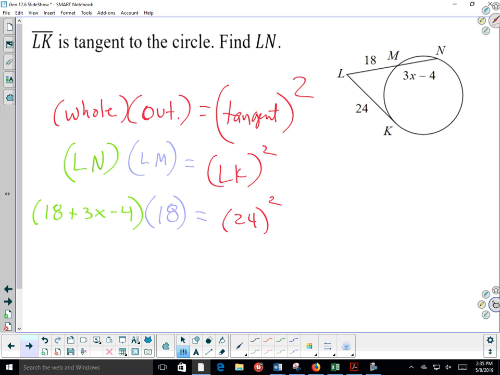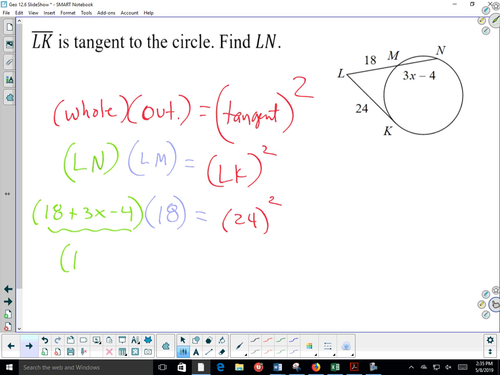All right, talking me through how to solve this, Olivia. Can we clean this up first? Combining like terms, it's 14 plus 3x.